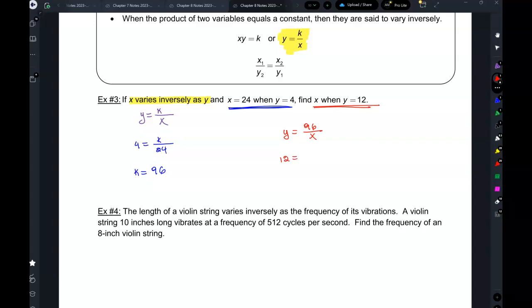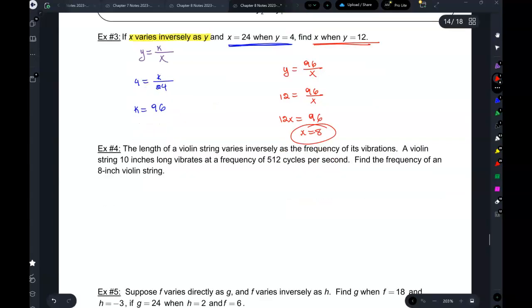So 12 equals 96 over x. 12x equals 96. So how much is x? 8. All right? Okay.